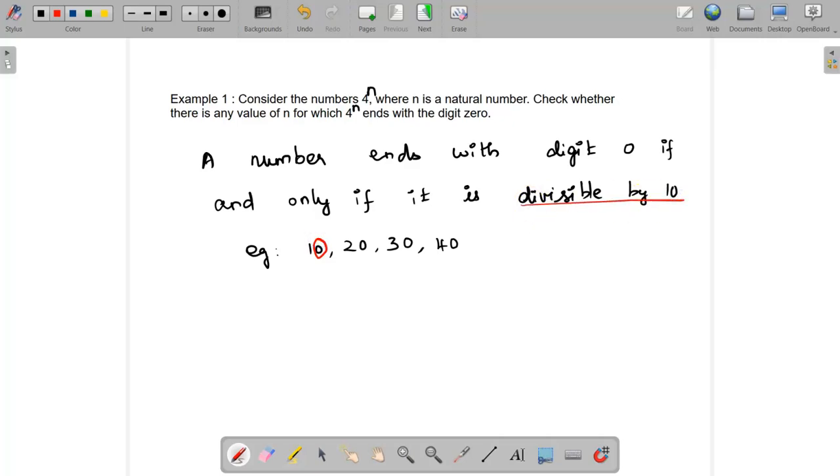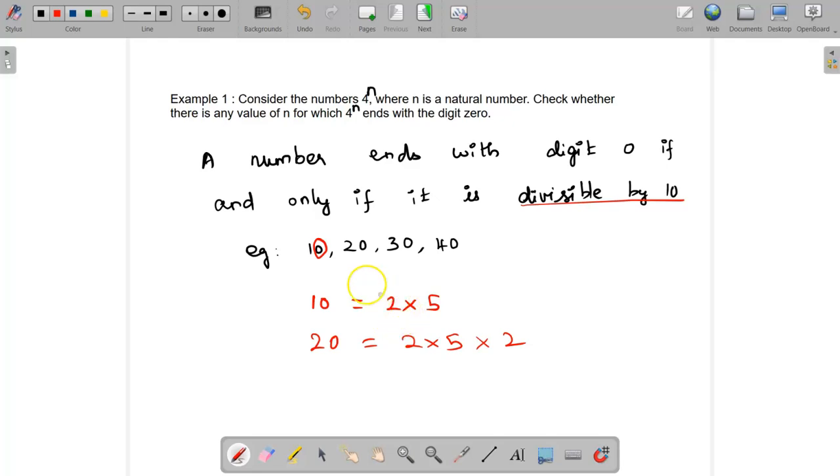So if it is divisible by 10, I can write 10 in terms of prime factors as 2 into 5. So 2 is a prime factor, and 5 is also a prime factor. Similarly, 20 I can write as 2 into 5, which is 10, again into 2, which is 20.